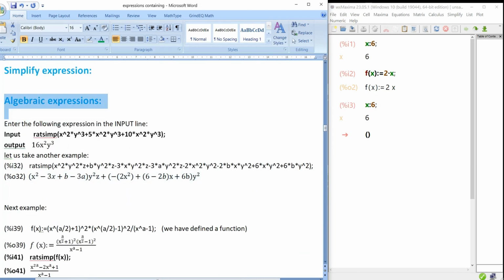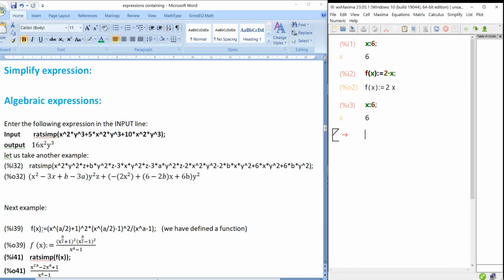See carefully. I have considered an example before you. In the input line, I enter ratsimp and this is the expression: x square into y cube plus 5x, or x raised to the power 2, so 5x square into y cube plus 10x square y cube.